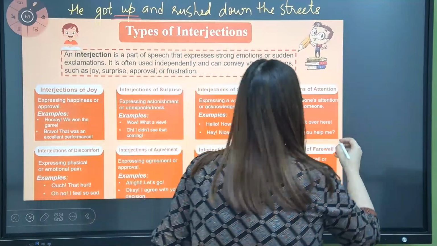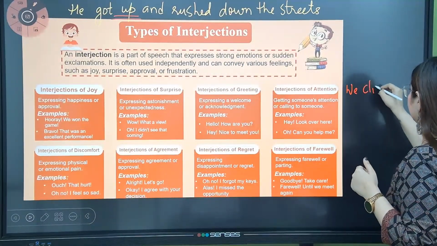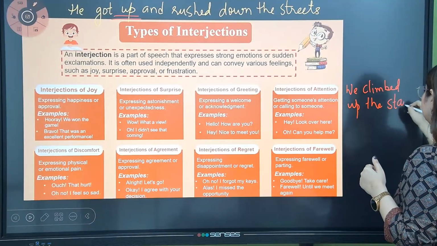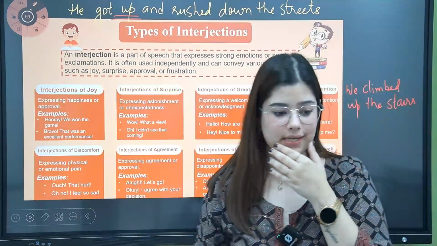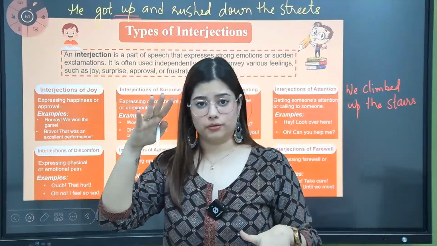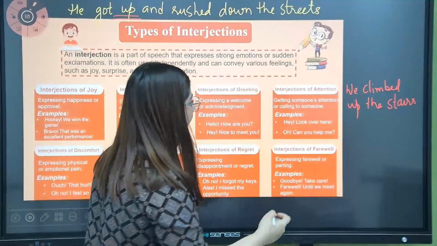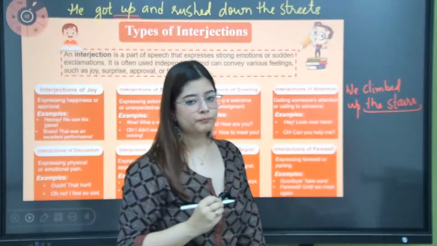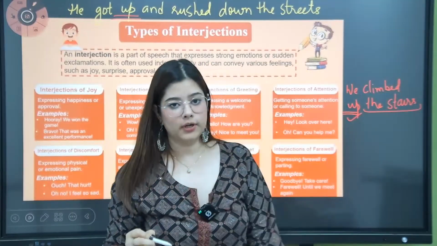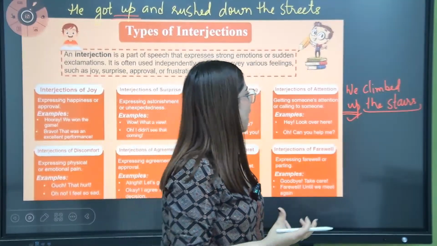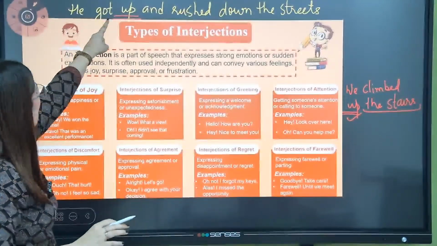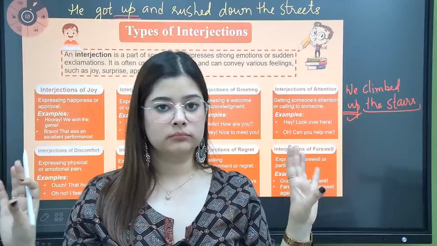If I say, we climbed up the stairs, here we are pointing to a particular direction upwards, and we have an object, stairs. So here up would act as a preposition. It is indicating something about the noun and it has an object. But when I say he got up, there is no object.